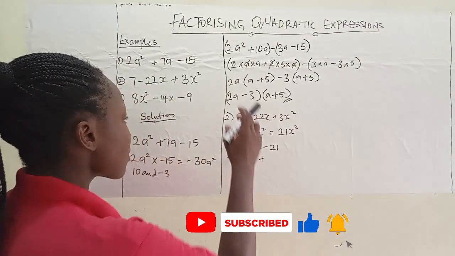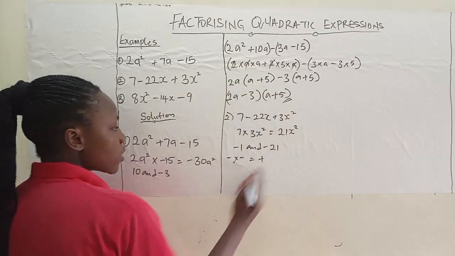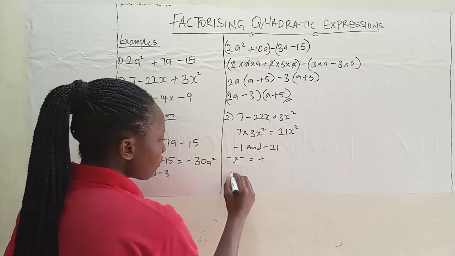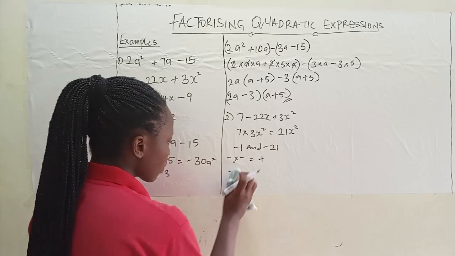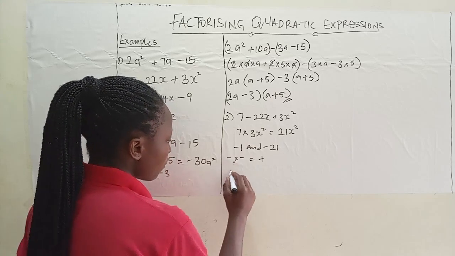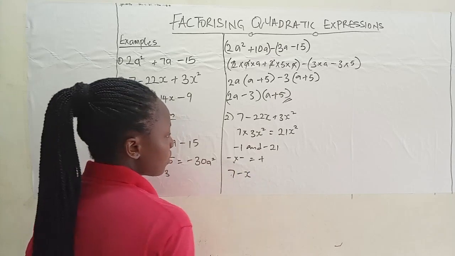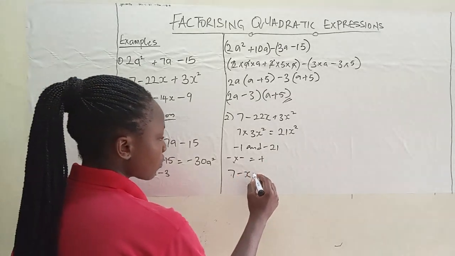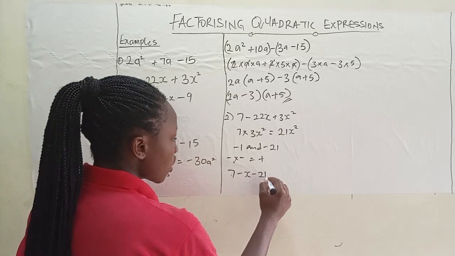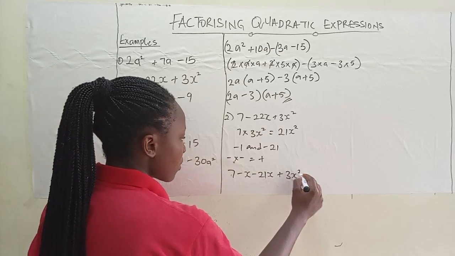So now let's substitute this value with these ones here. We are going to have 7 minus x, that is 1x, that is the invisible one here, minus 21x plus 3x squared.